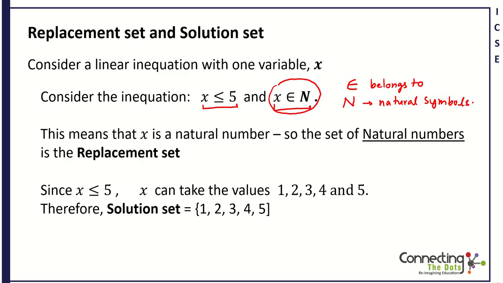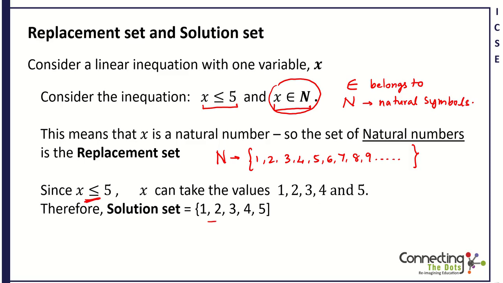So what are the natural numbers? Natural numbers clearly are 1, 2, 3. So that is an infinite set of positive integers. But you have to pick numbers that satisfy this inequation.